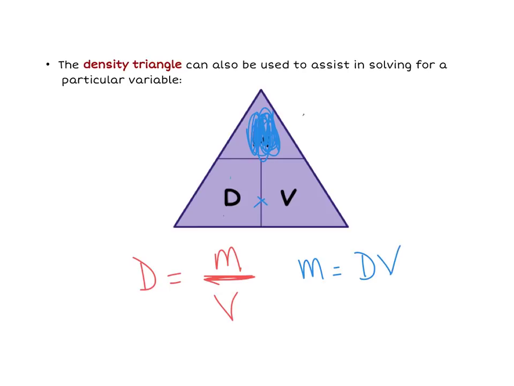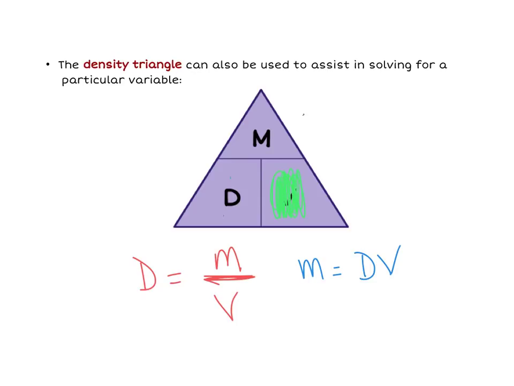Done. Now let's try that again with my volume. Why don't you try it on your own, pause the video, and see if you can get the right formula for volume using the density triangle, and we'll see how you do with that, just to gauge your own understanding. So now I'm going to do the rearranging if I had to solve for volume. For volume, I'm going to hide that variable with my finger or whatever.